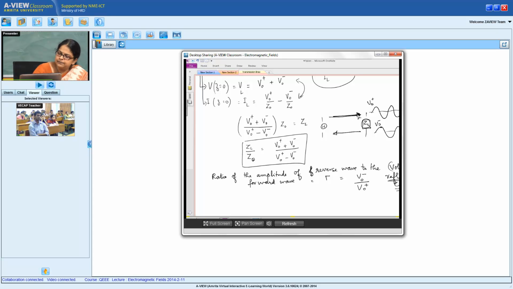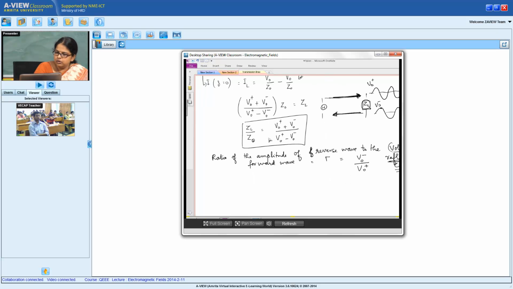It's as if there is a reflection happening at the load, otherwise why should the transmission line support a reverse propagation? So it is as if the source has excited the system with the forward propagating wave, and the load has reflected a part of that voltage back to the source. And in that sense, you call this ratio the voltage reflection coefficient.